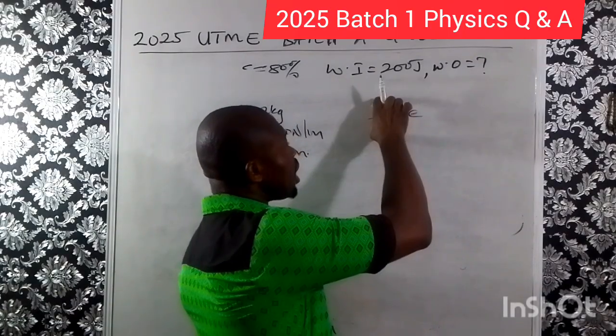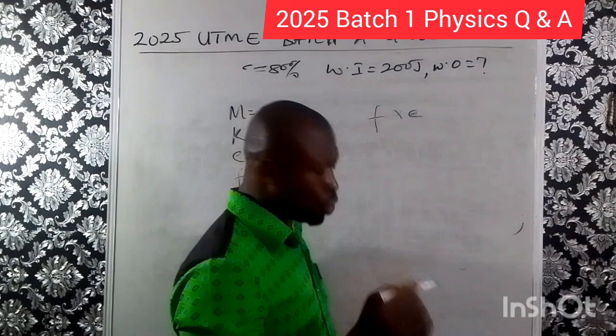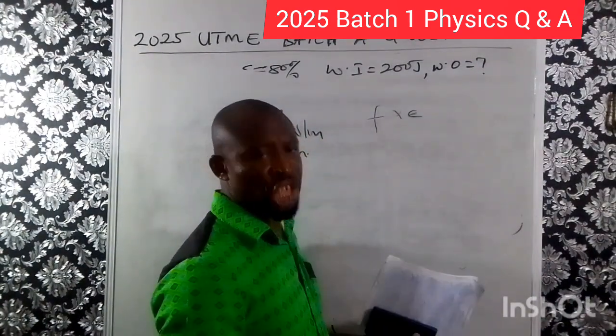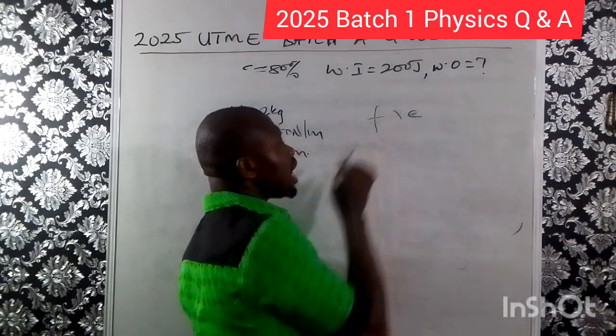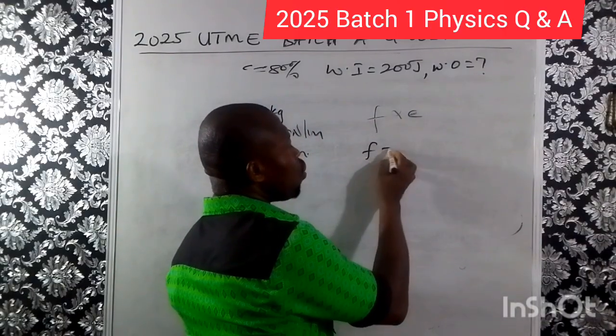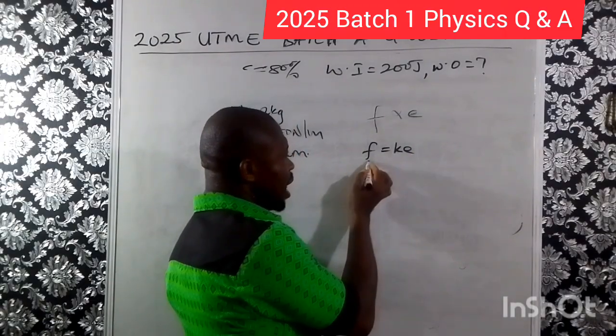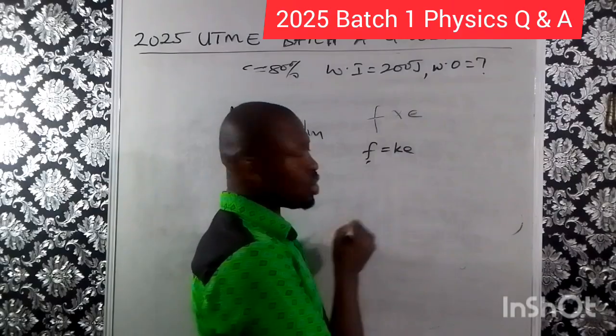In that case, we now have F is directly proportional to E. Now, if F is directly proportional to E, if you remove this sign of proportionality, F will give us KE. Now, this F is the restoring force we're talking about.